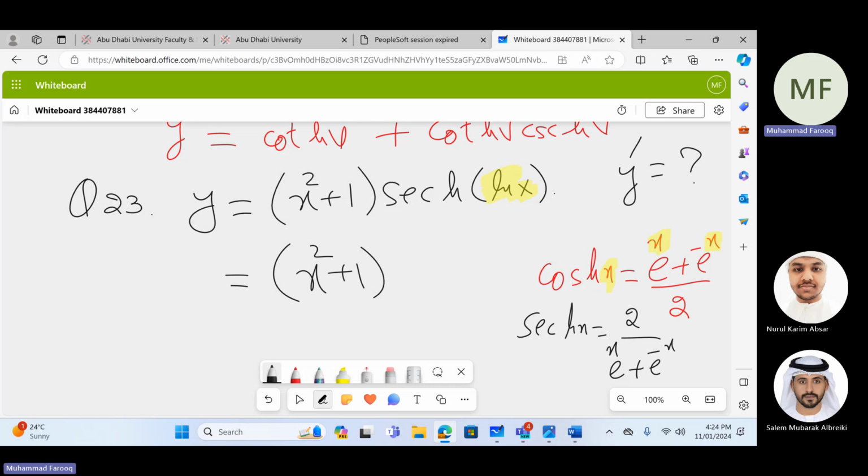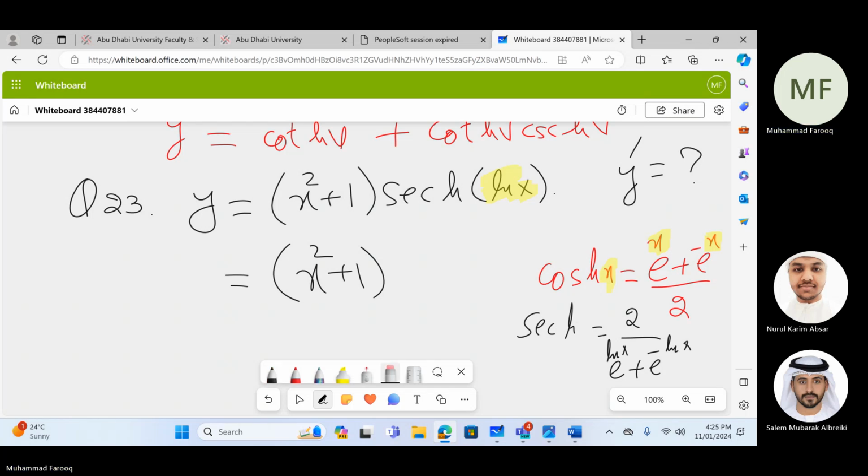Right now, in my question, this x is ln x. So wherever you have x, replace it with ln x.